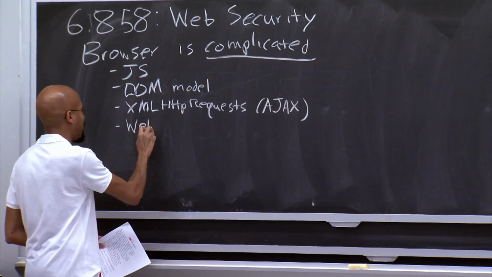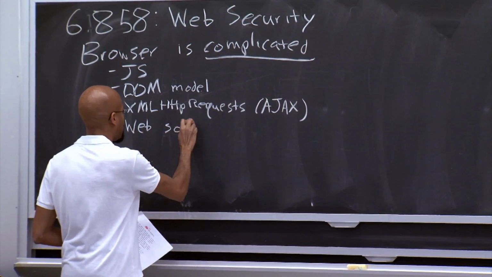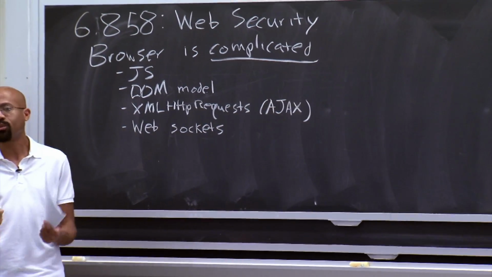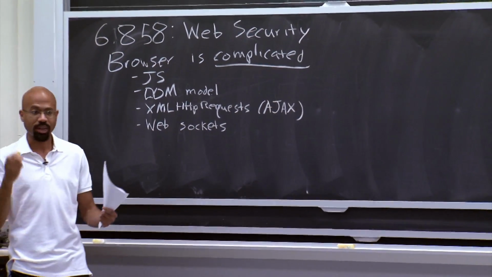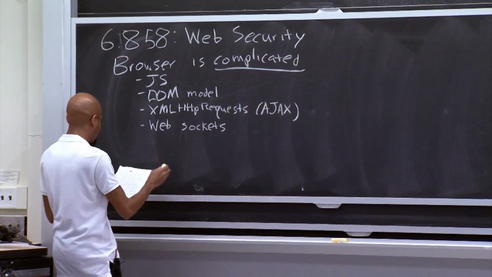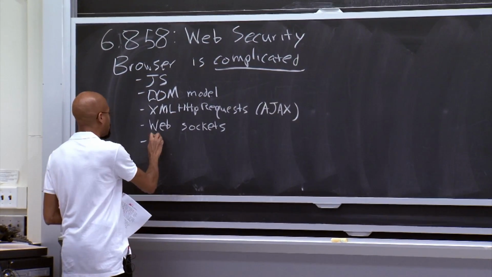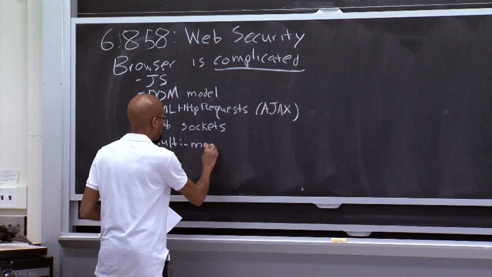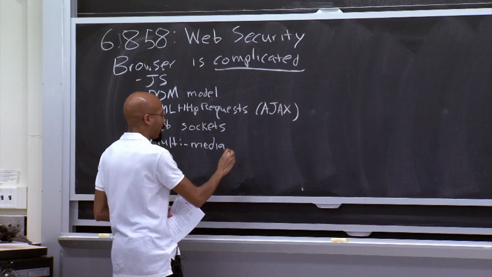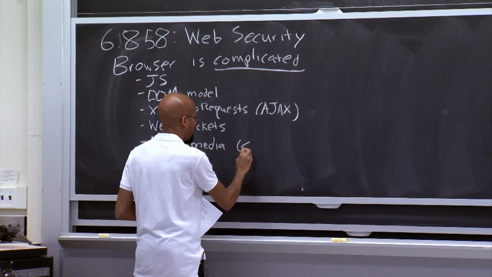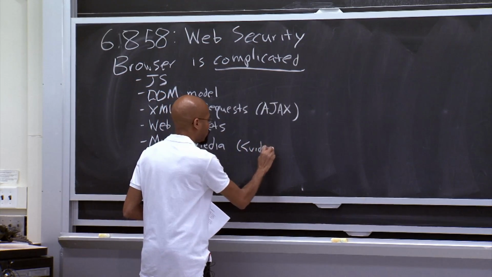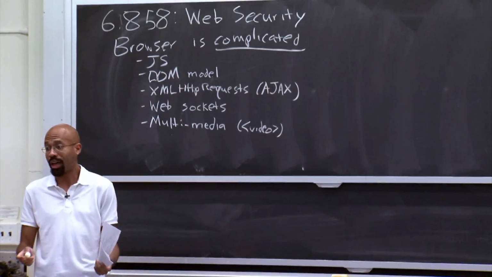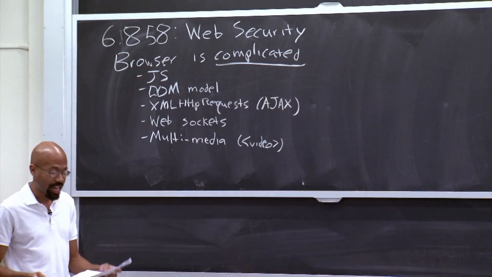There are things like WebSockets. This is a recently introduced API. WebSockets essentially allow full duplex communication between clients and servers, with communication going both ways. We've got all kinds of multimedia support. For example, we have things like the video tag, which allows a web page to play video without using a Flash applet. It can just play that video natively.